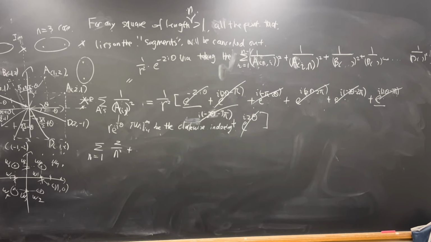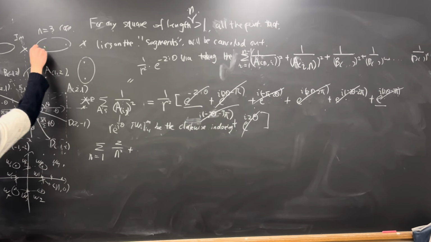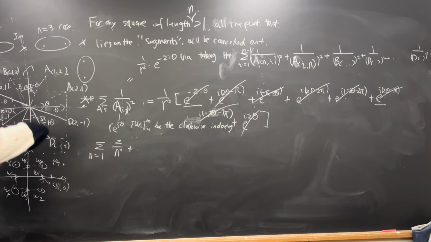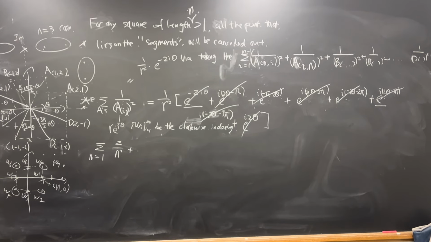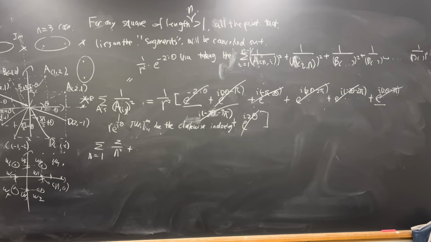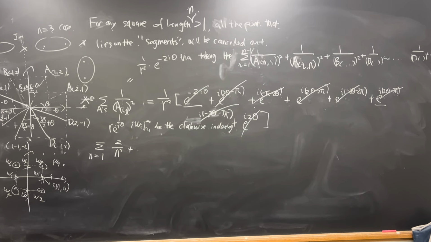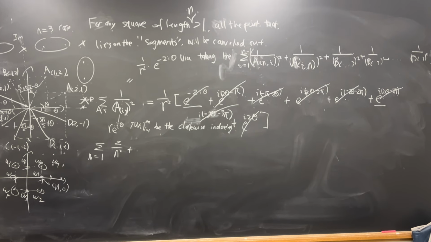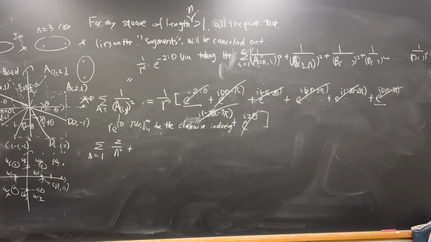Because as long as omega 1 and omega 2 are not the same length, this point cannot be identified with this point, because this is measured in the omega 2 sense. So bad here. Sorry, it's very misleading.